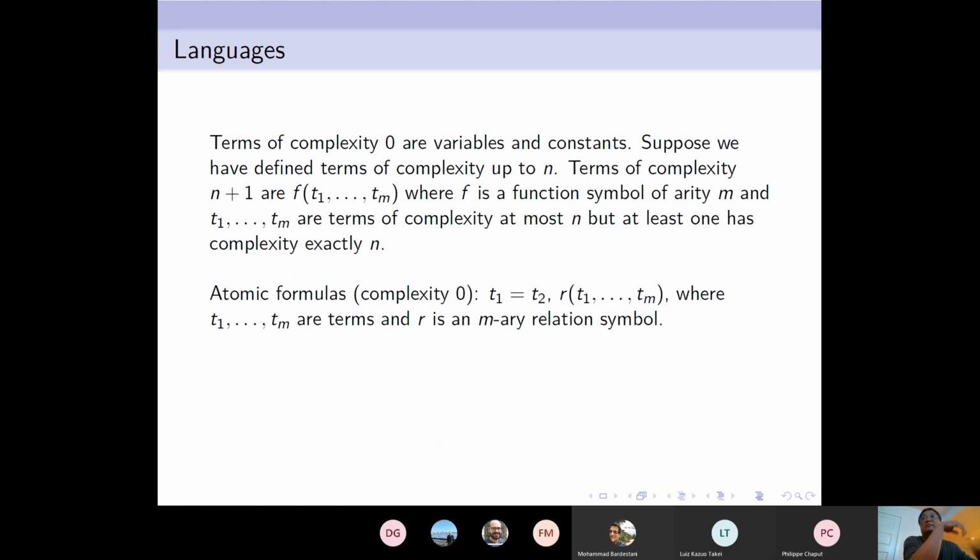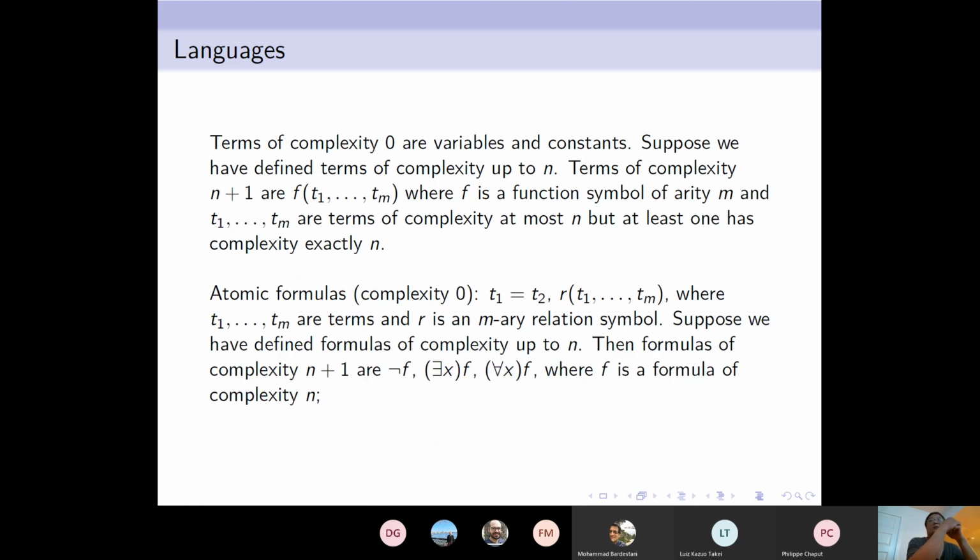Then we define formulas. Atomic formulas have complexity 0. That means t1 equals t2, or a relation. This is very similar to the single relation case.